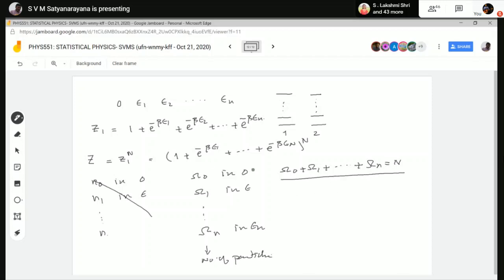Then the coefficient will become capital N factorial divided by omega 0 factorial, omega 1 factorial, etc., omega n minus 1 factorial, and the last one will be N minus omega 1, etc., omega n minus 1 factorial.